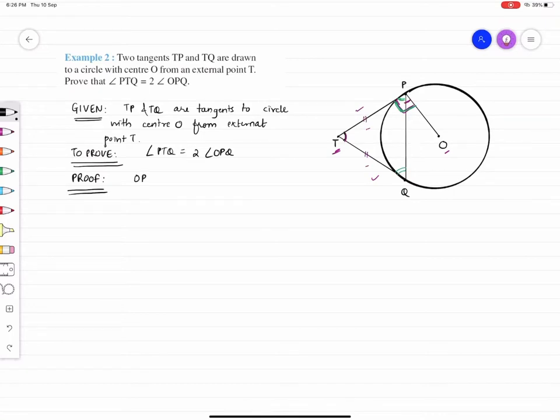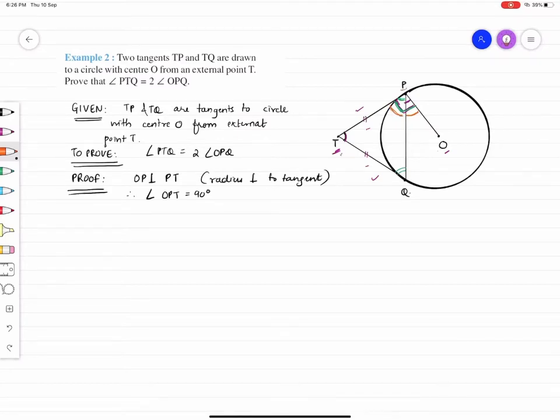I know that OP is perpendicular to PT, right? Radius perpendicular to tangent, or theorem 10.1. Therefore, angle OPT is equal to 90 degrees. But now what I see is that angle OPT is a sum of angle OPQ and QPT, right?